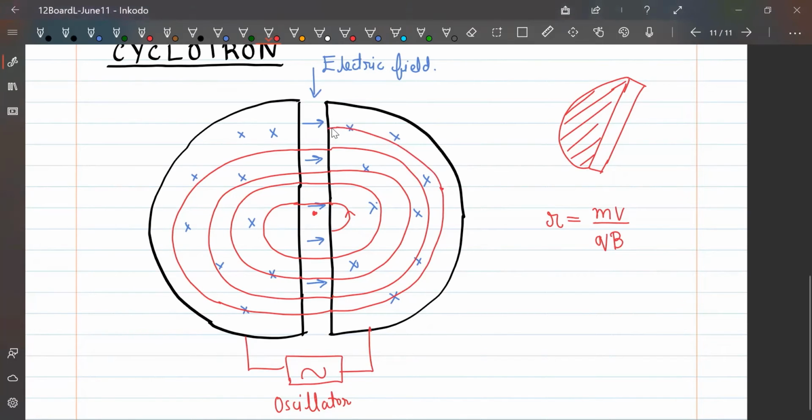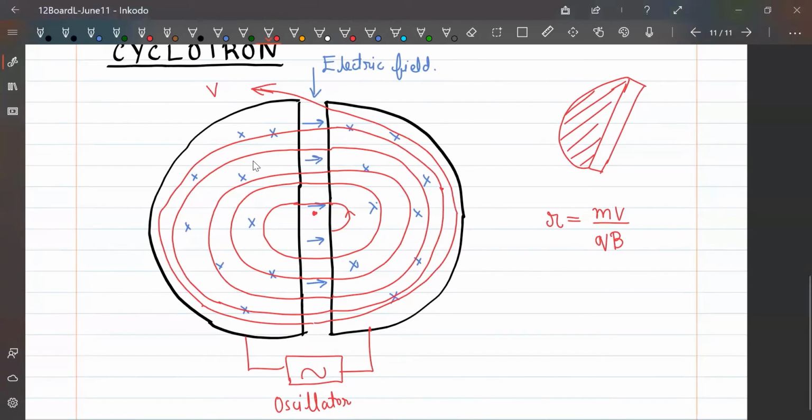A cyclotron is mostly used for the study of charged particles. Finally, we can release this charged particle from this section with the desired speed.